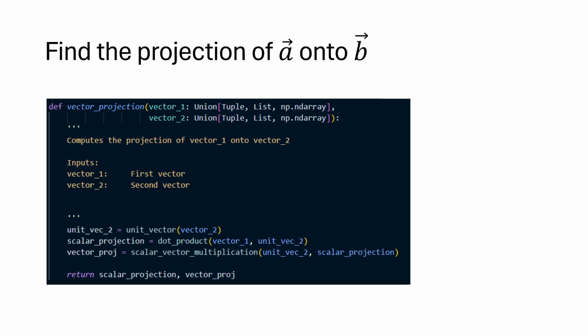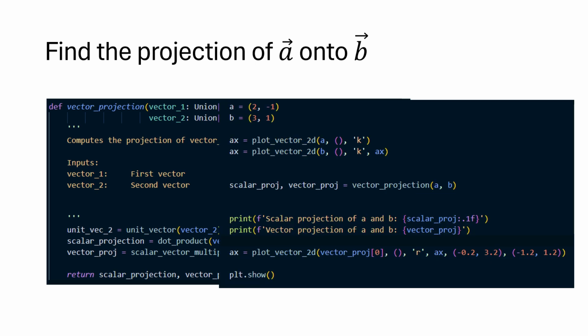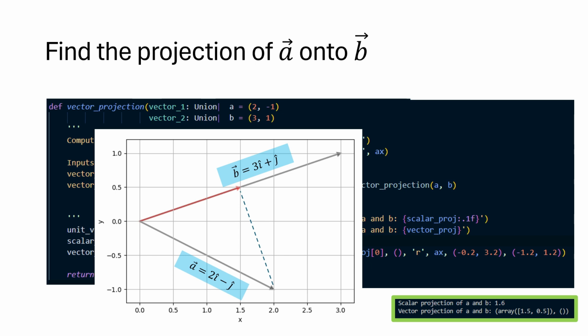And the vector projection is simply the B unit vector scaled by the scalar projection. Then we call this function and we see that the scalar projection is equal to 1.6, whereas the vector projection is shown in the figure as the red vector.